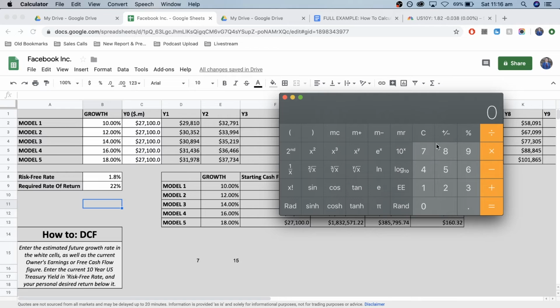Well, the reason why I use 22% is because 22% compounded over 10 years is approximately 8 times our investment. It's a little bit under 8 times our initial investment. And what I'm actually trying to achieve is 15%. So I'm trying to make 15% over 10 years, which is 4 times our initial investment.